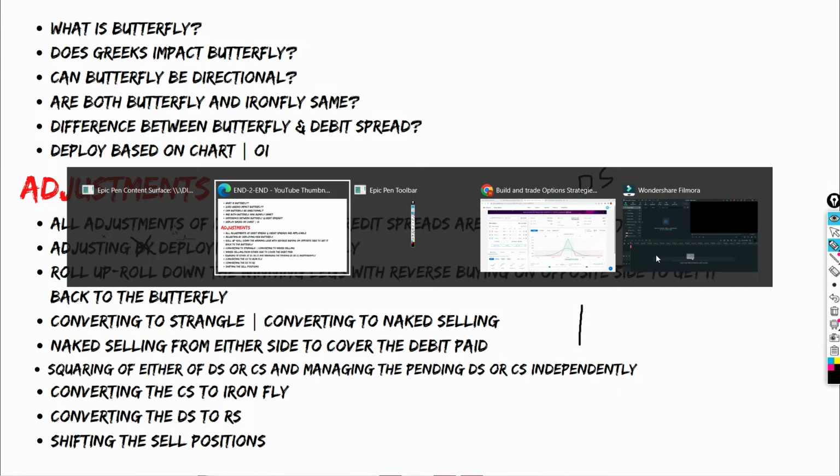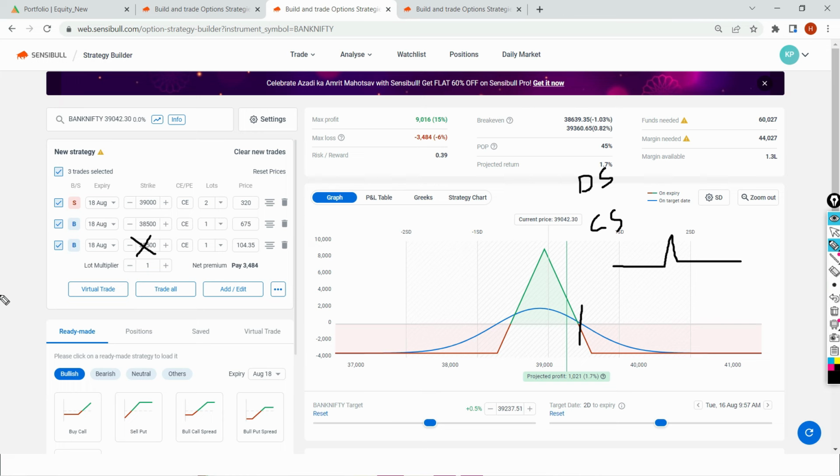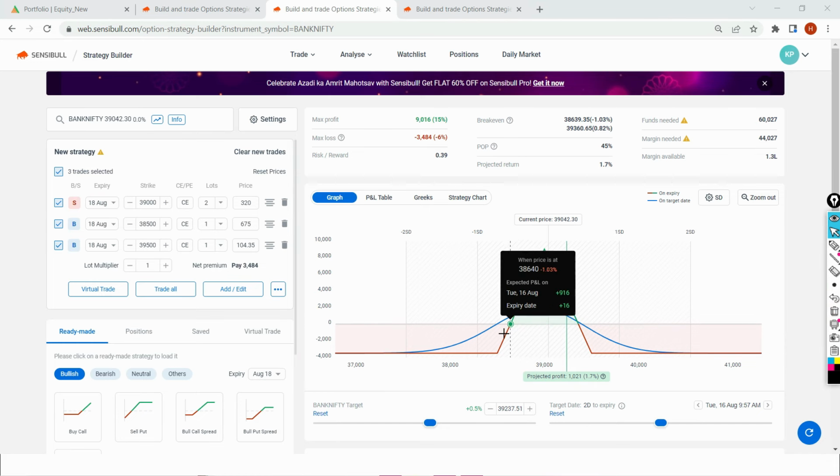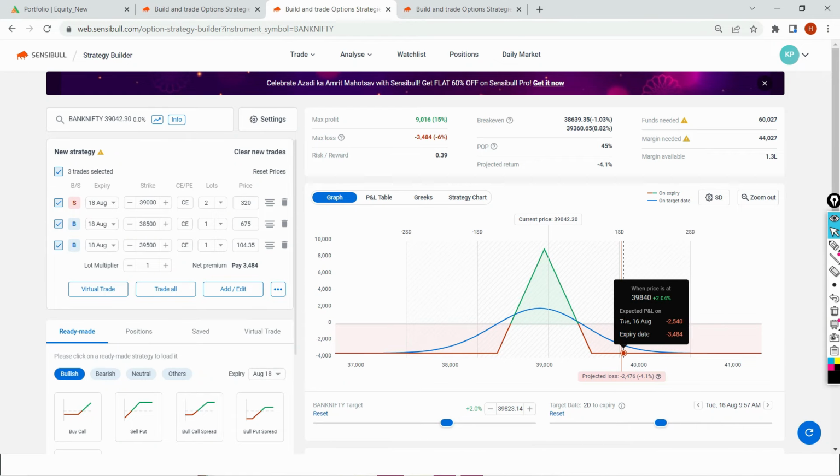Converting to a strangle is one of my favorites. Let's say you deployed a call debit spread and the market went against your view. The market stands here and you are in loss, and believe me, a butterfly will not show you this loss. It will show only on the expiry day.